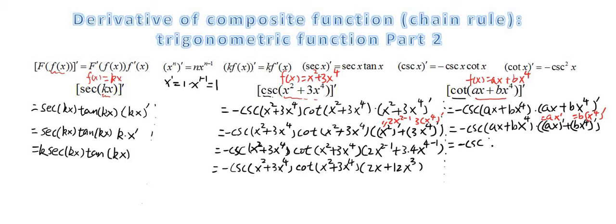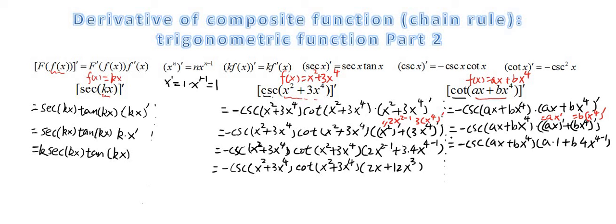Negative cosecant of ax plus bx to the power 4, and the first term is a times the derivative of x, which is 1, and for the second term it's a power rule, 4x to the power 4 minus 1.